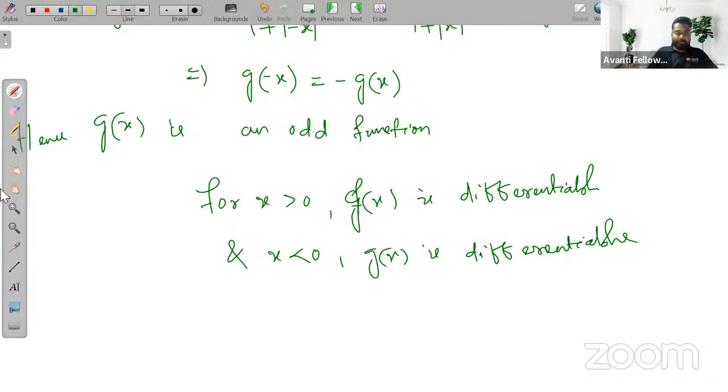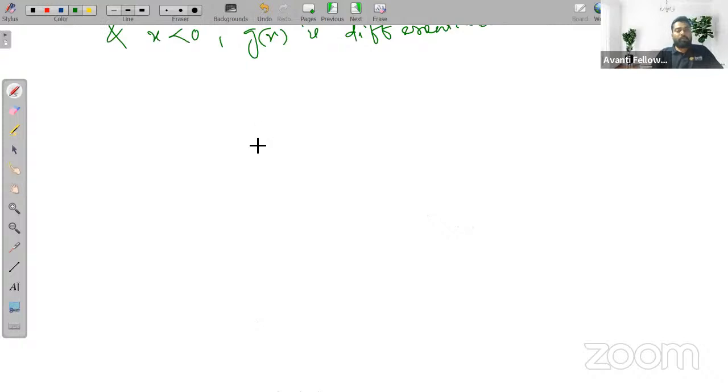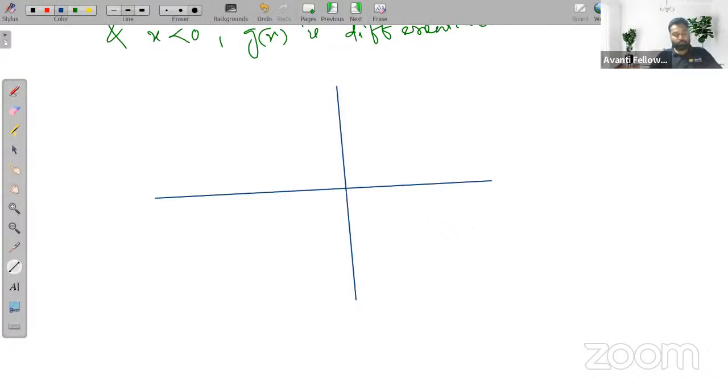Okay, check. Draw the graph. So x upon 1 plus mod x. That means the maximum value will be 1, right?